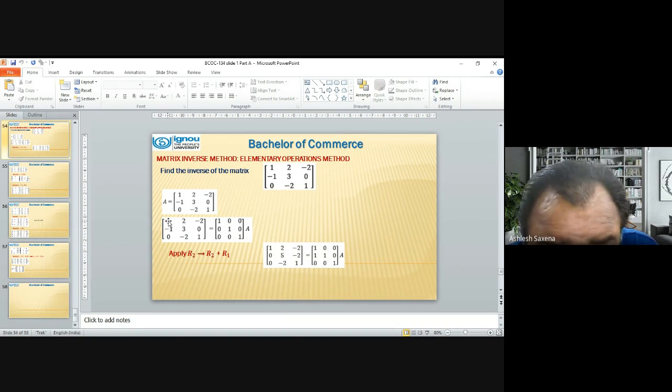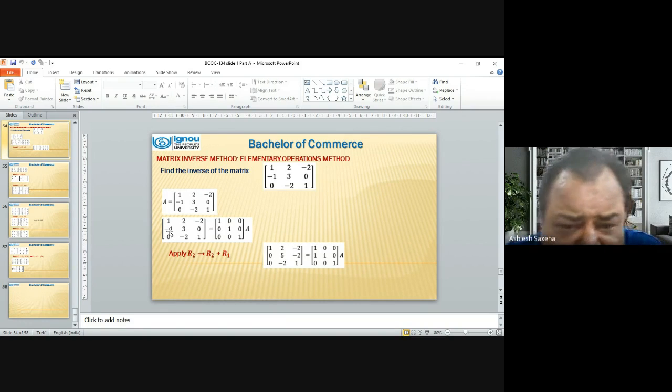Because we have to make 1, 0, 0 over here, straight away we will be transforming this. Mathematically, if I add this 1 to this 1, I will get 0. How to write it? Apply R2 tends to R2 plus R1. That means in this row, this will be performed.